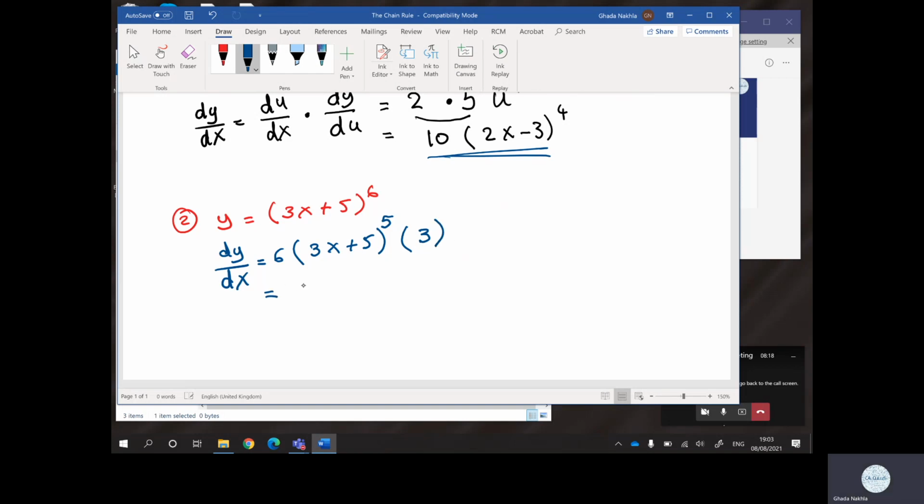So this means you end up with 18, (3x plus 5) to the power of 5. And that's the derivative of y equals (3x plus 5) to the 6.